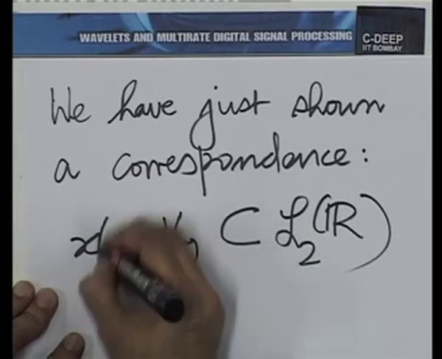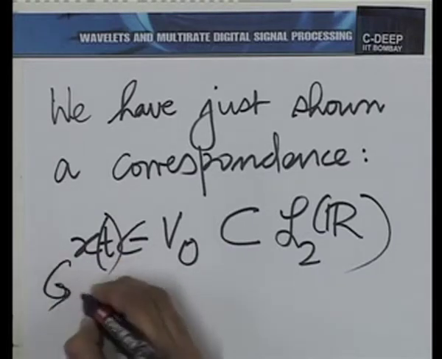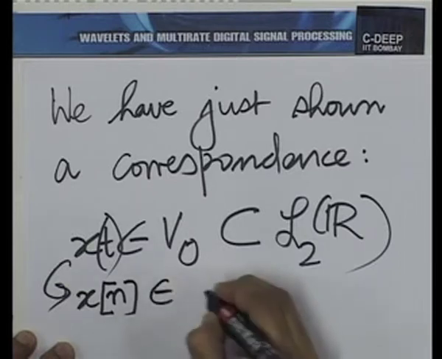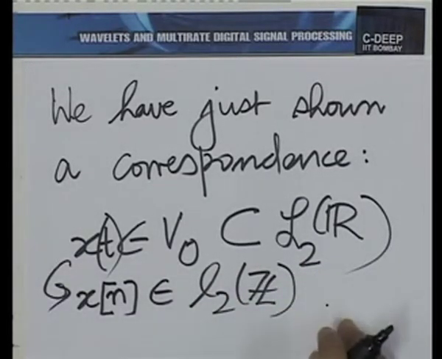Of course, here we are talking about a continuous time function x of t. Then we have the corresponding x of n belonging to small L2z. Of course, we can make a similar inference for other values of p, but that is not of consequence at the moment. So, we shall not go into it.